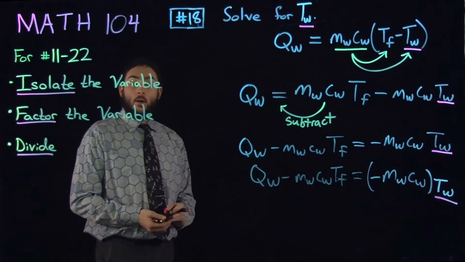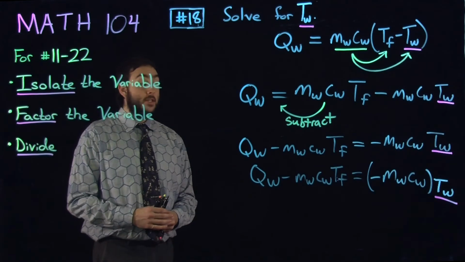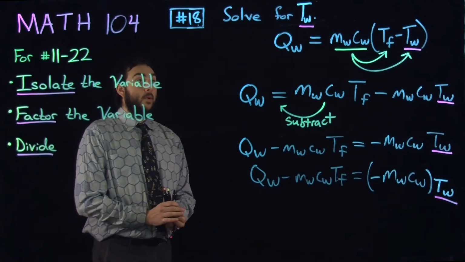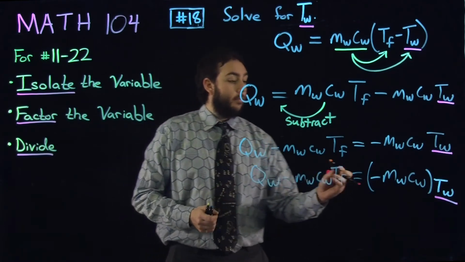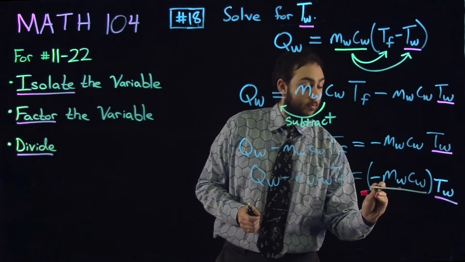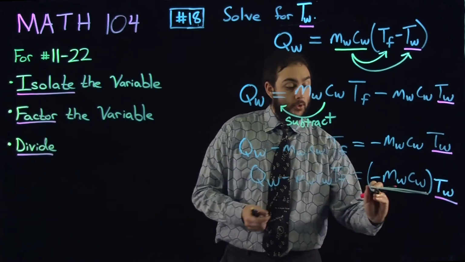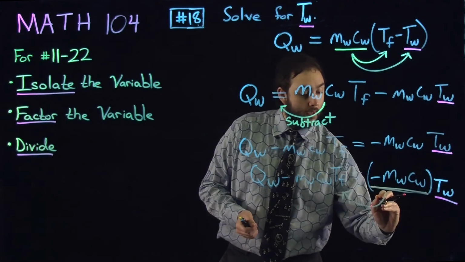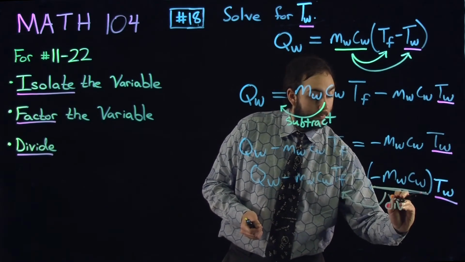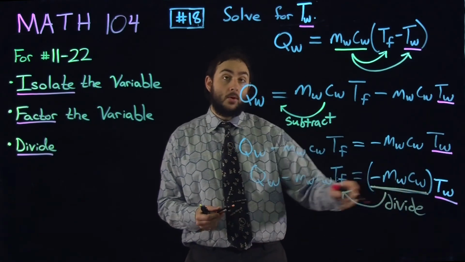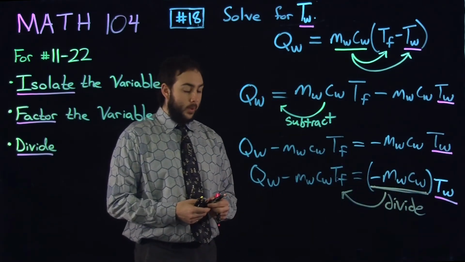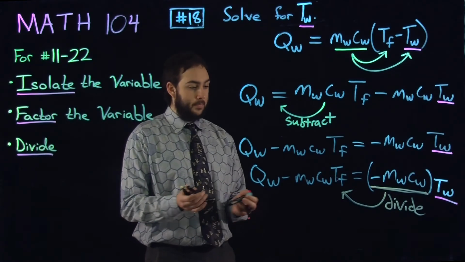We're almost done. Now all that's left is to divide. So if we want to solve for t sub w, we should divide by everything else, this term right here. So what we're going to do is divide. This will leave just t sub w on the right side of this equation, which is exactly what we want.